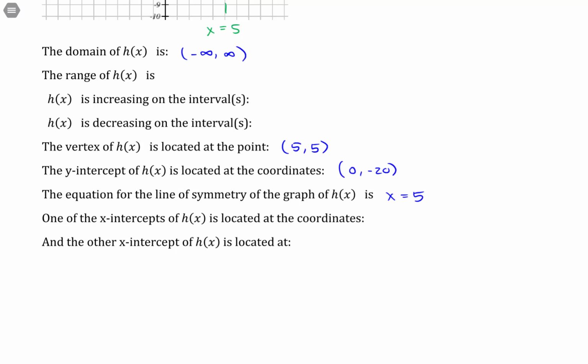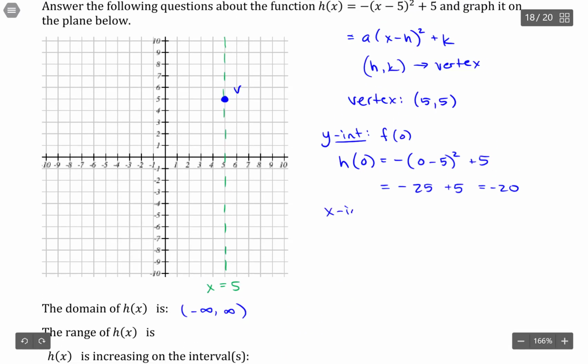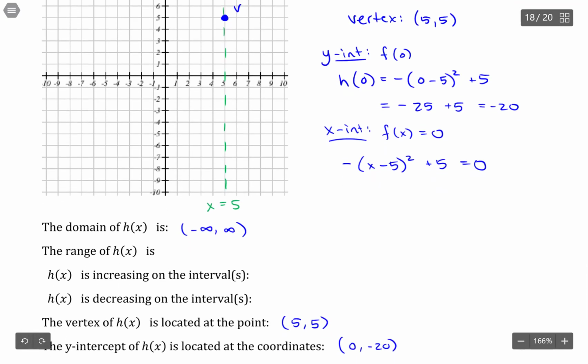One of the x-intercepts of h of x is located at the coordinates, and we'll find that. So the x-intercepts, similar to the y-intercepts, involve 0, but this time it's where the function is equal to 0. So I take my function, negative (x minus 5) quantity squared plus 5, and set that equal to 0. The nice thing about solving this is I've already got it in the form of a perfect square, so I can use the square root property.